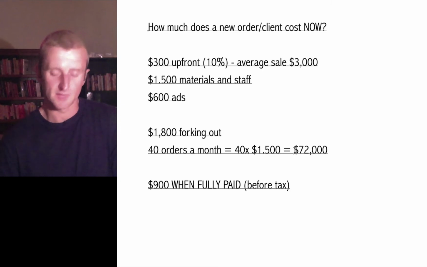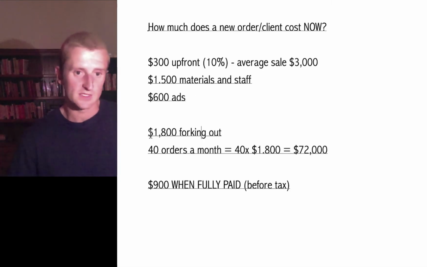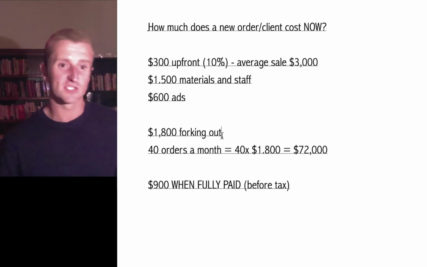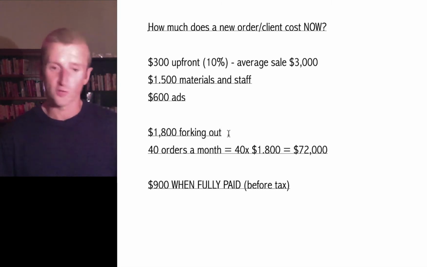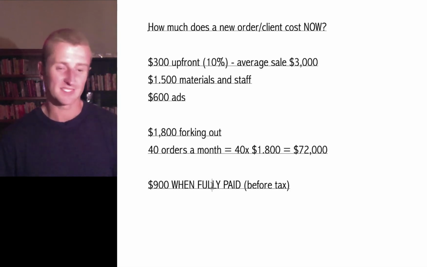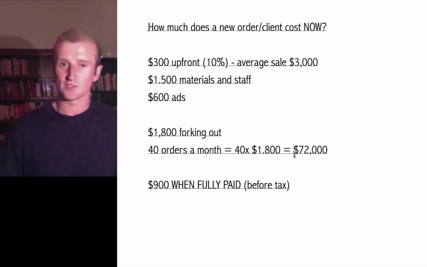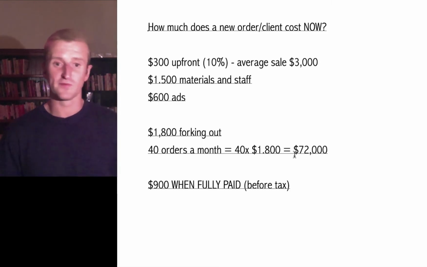This would actually be $1,800. I'll say the advertising is a bit more expensive. You're having to fork out $1,800 just to finance the order. 30 days later, it gets fully paid though, so that's good. And you're making basically $900 before tax after it's paid, except you'd need to have at least $72,000 available that month so you can fulfill everything.